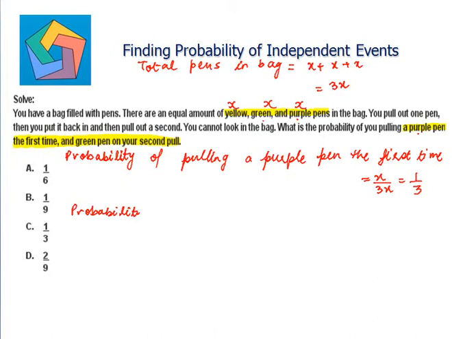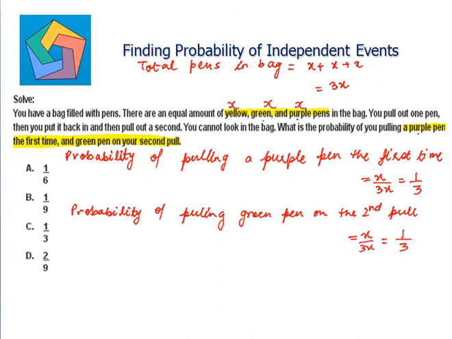So probability of pulling a green pen on the second pull will be X by 3X, which is 1 by 3. So we can say the probability of pulling a purple pen the first time and green pen on your second pull, let me term this event as E. So probability of E will be probability of pulling a purple pen times probability of pulling a green pen.